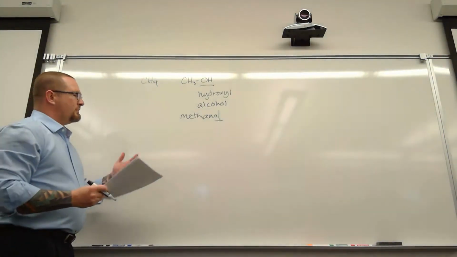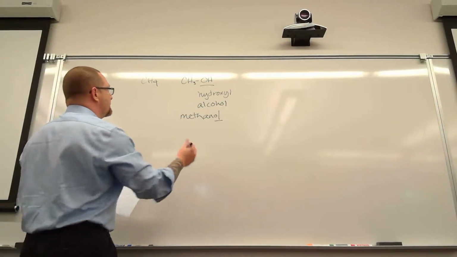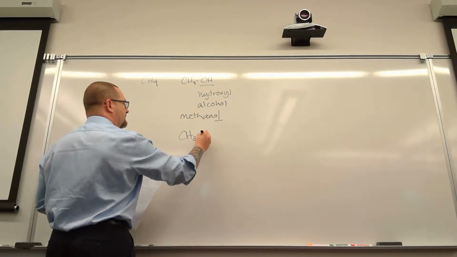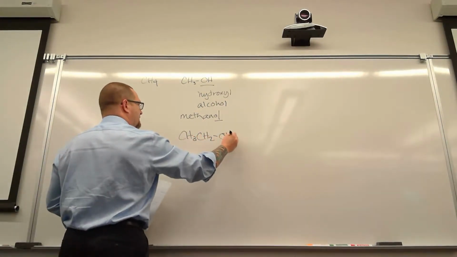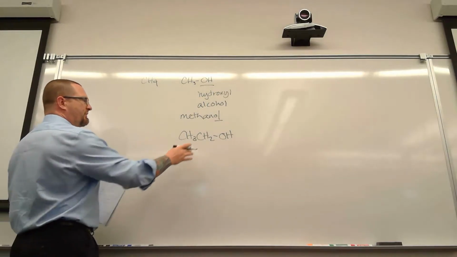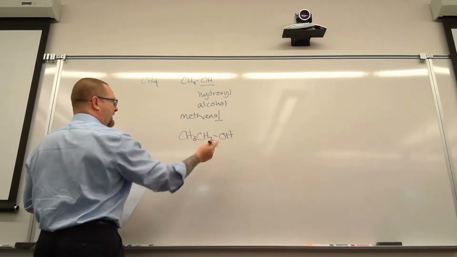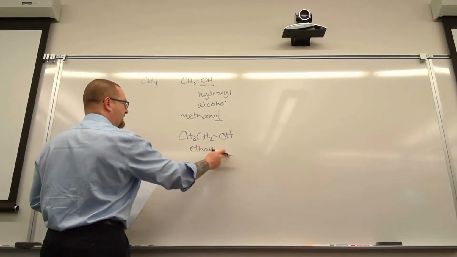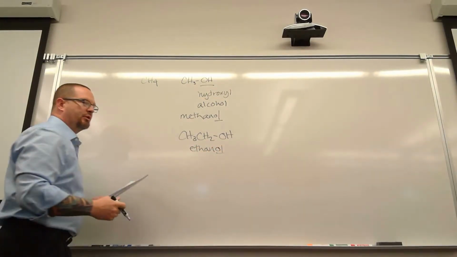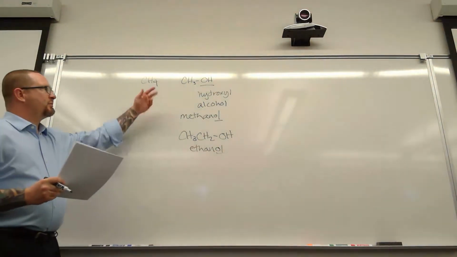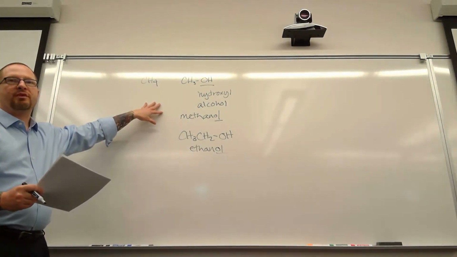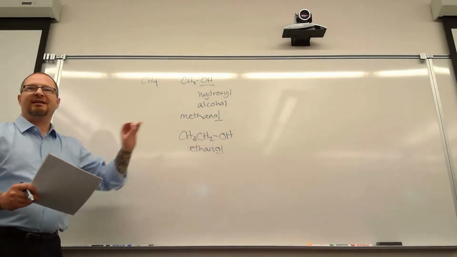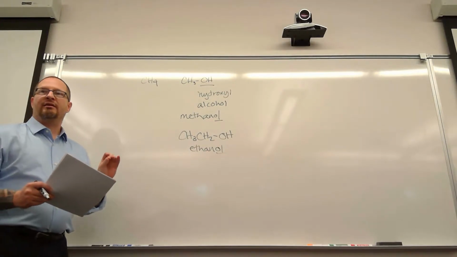So, another example. Where we would normally have ethane, because we have a hydroxyl group, this is now ethan instead of the e, also ethanol. And that's the difference between a functional group and a substituent, because now we're naming the base, the parent chain, for that functionality.